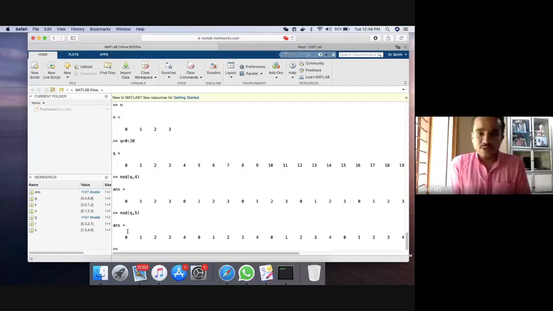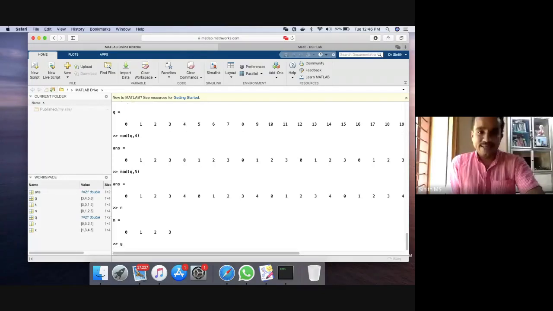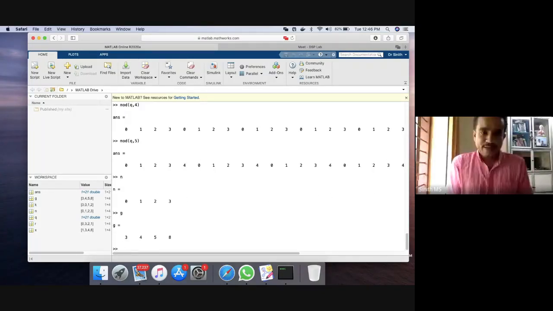Okay. Now n is 0, 1, 2, 3. You want to make a circular shift to g. g is basically 3, 4, 5, 8. Let us consider that its time index is n, which is 0, 1, 2, 3.